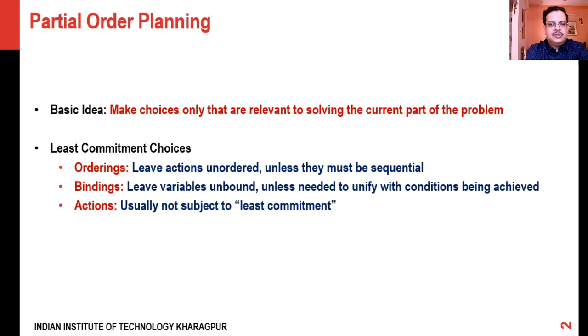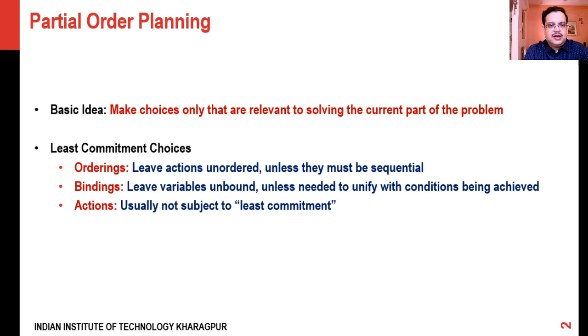Orderings are sequences specified for actions. So when I want to indicate that a particular action A must be executed before B, then I put an ordering constraint from A to B. So the orderings are primarily defining constraints which force one action to be taken before another action.